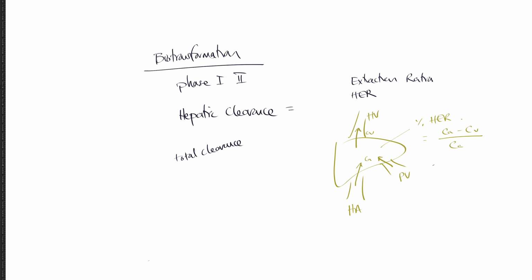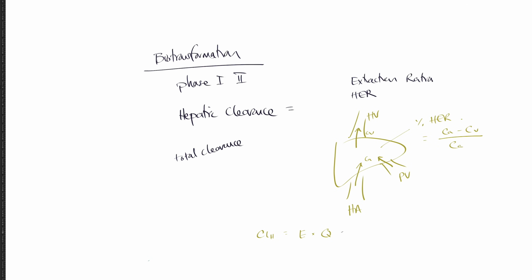We can say that clearance hepatic is equal to HER extraction ratio times the amount of flow that's occurring through the liver per minute. And so we'll say that's flow, or cardiac output.